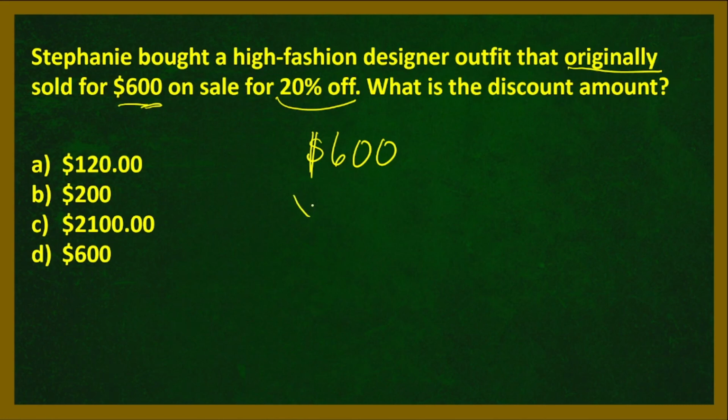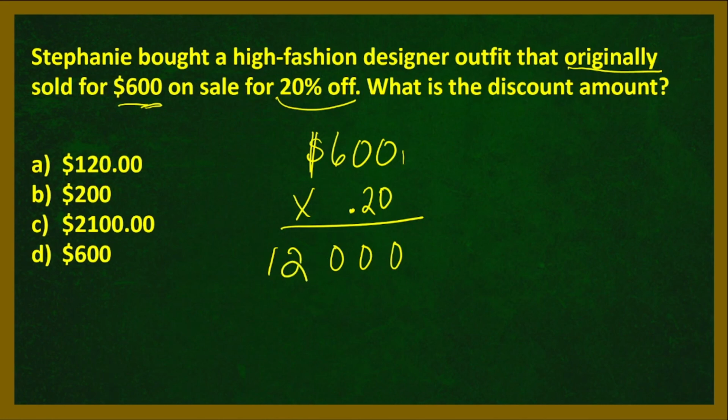So we can go ahead and do that. But we're going to first convert our percentage to a decimal, which is 0.20. So now let's go ahead and multiply. We have a 0 here, 2 more zeros, then 6 times 2 is 12.